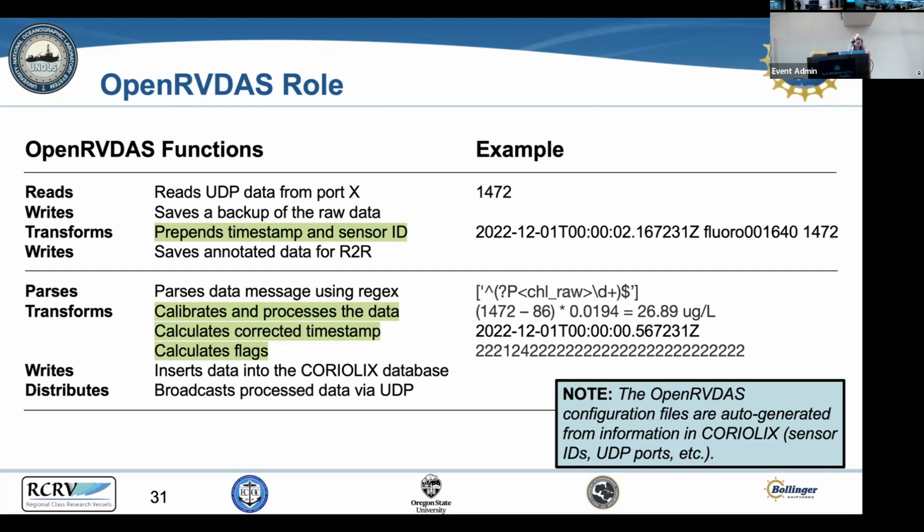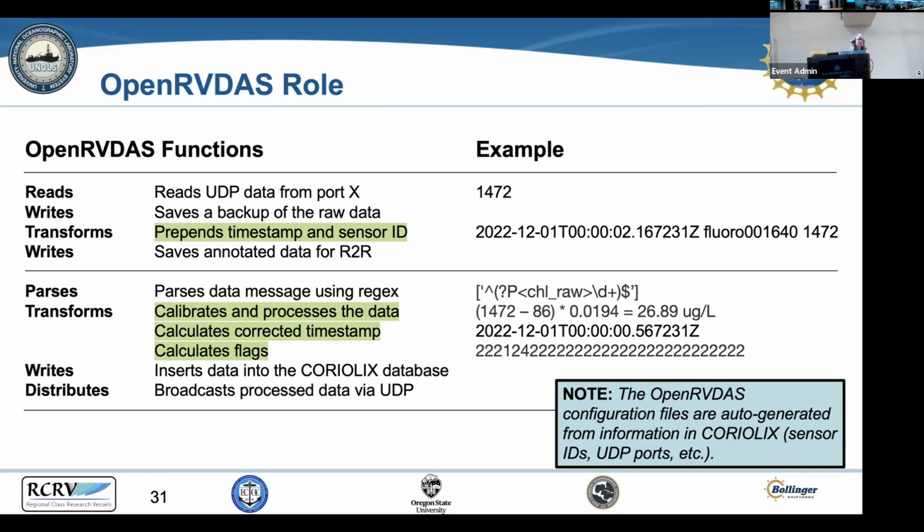In Coriolix, there's even spaces to say who owns the sensor, so you know that it's not owned by the vessel. Part of that metadata would include what UDP port that data is getting transmitted over. It gets treated just like any other sensor, basically.